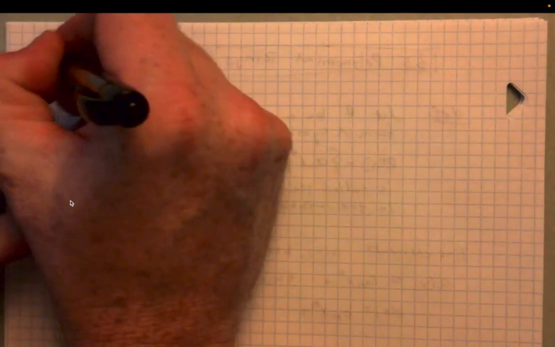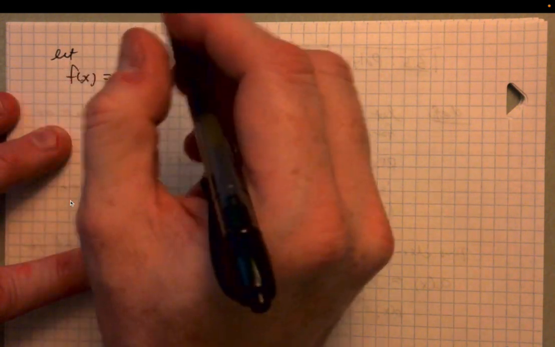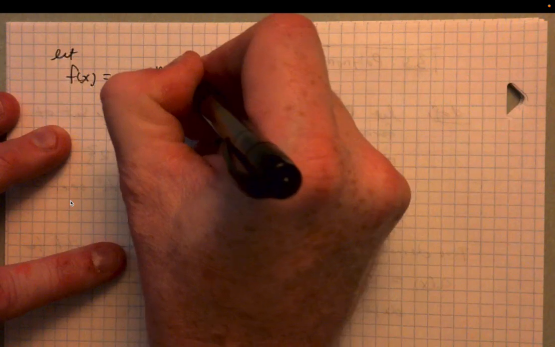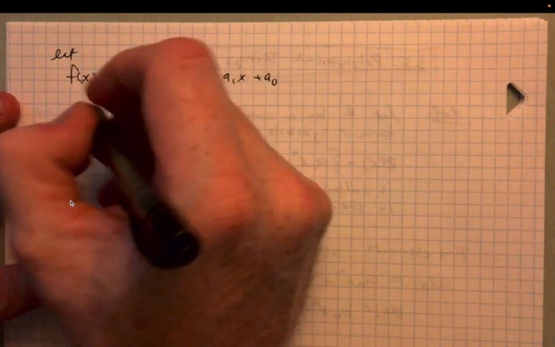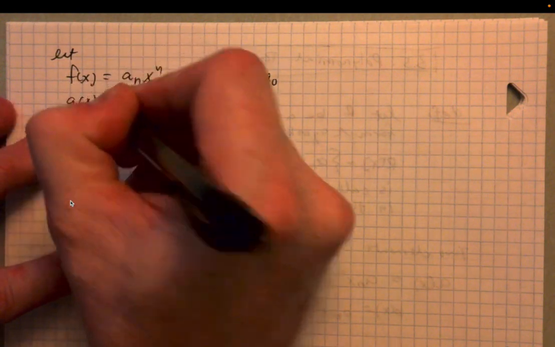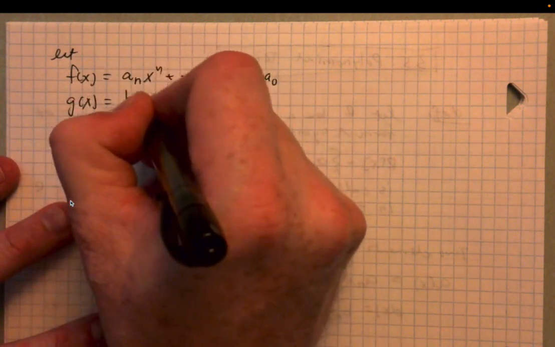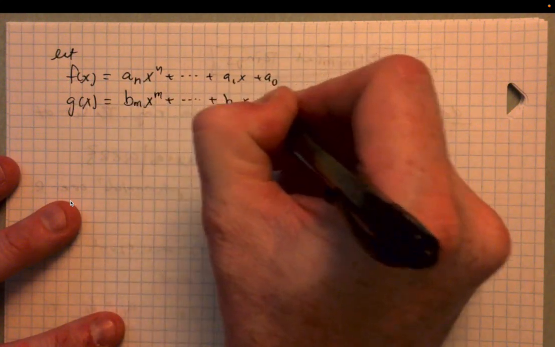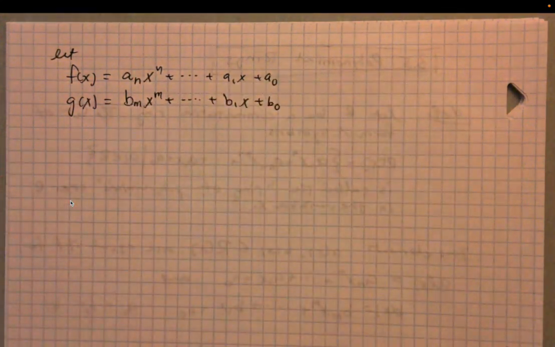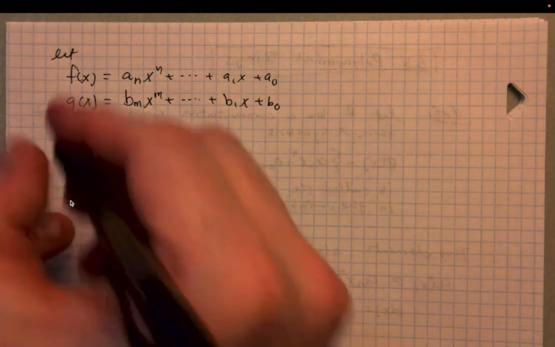So let f(x) equal a_n x^n plus ... plus a_1 x plus a_0, and g(x) equal b_m x^m plus ... plus b_1 x plus b_0. Okay, so if m is greater than n, we can do the following.